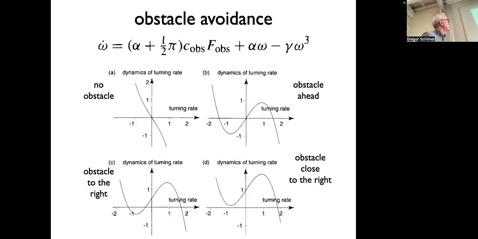Okay, so here are some different dynamical regimes for that. Again, the turning rate is the dynamical variable. The rate of change of turning rate, the angular acceleration, the derivative of turning rate, is here on top. This is an example where this is 0 and this is a negative number.